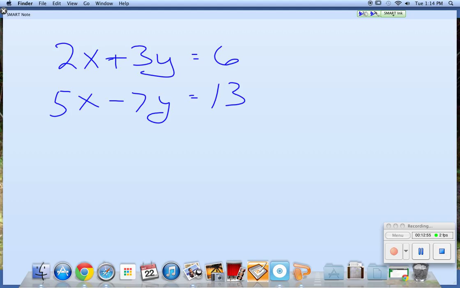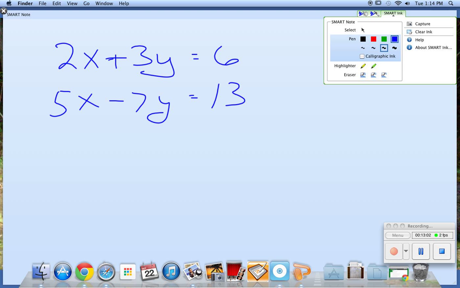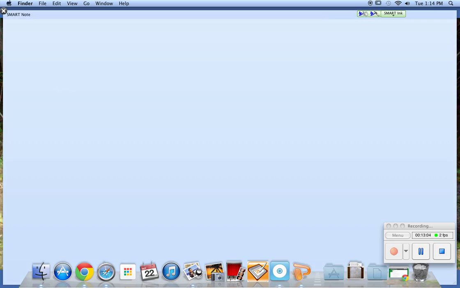Okay, everybody has Chromebooks. You don't have them with you right now, but I am going to show you something. And here's what I want you to do. I want you to solve these by either substitution or by elimination. The graphing part of it, yes, I want you to do, but here's how I want you to do it.